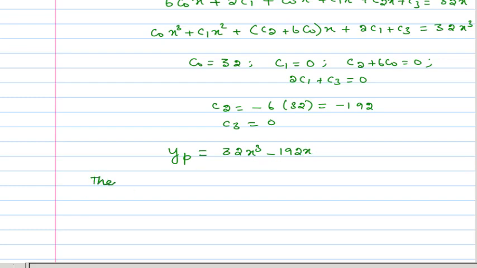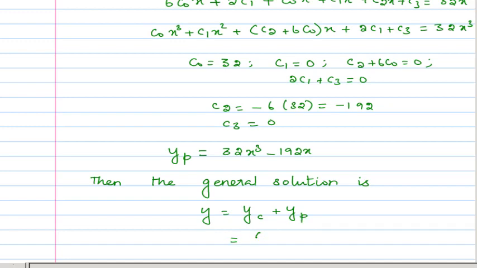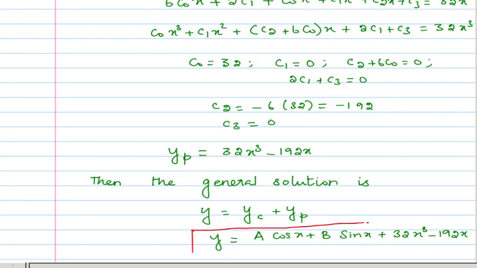Then the general solution is y equal to yc plus yp, that is, a times cos x plus b times sin x plus 32 times x cube minus 192 times x. This is my general solution of the given differential equation.